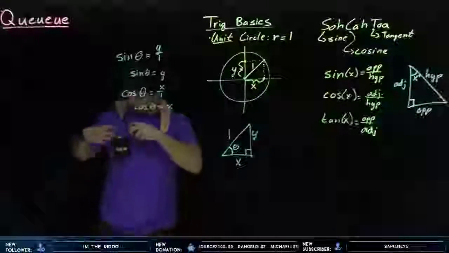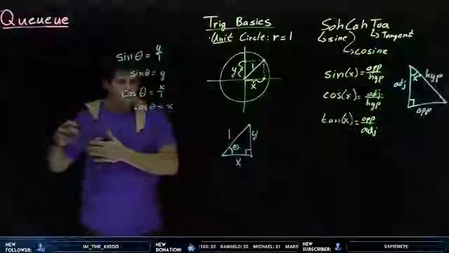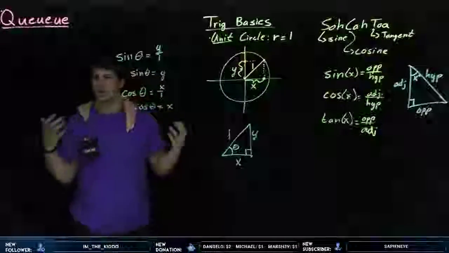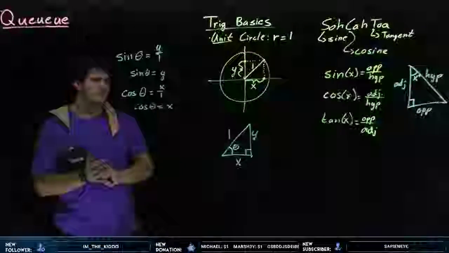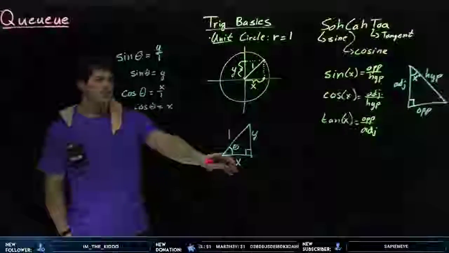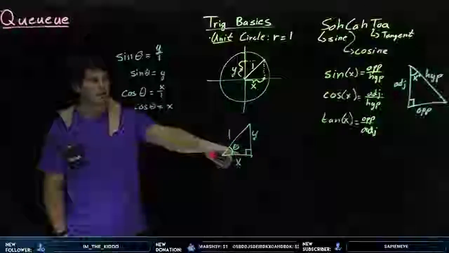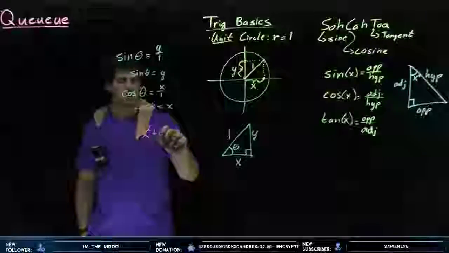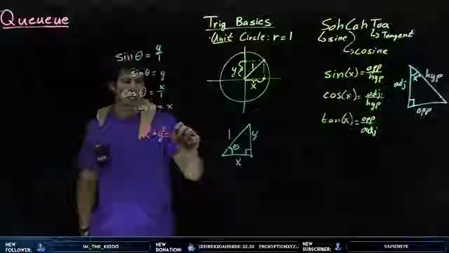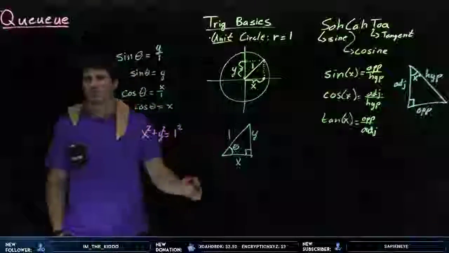And my marker is dying. Let's switch over. From here, there's a couple of cool things you need to know, and that you can solve from this. Let's, for example, just do the Pythagorean theorem, right? It's a right triangle. So I know that x squared plus y squared equals 1 squared, or just 1.